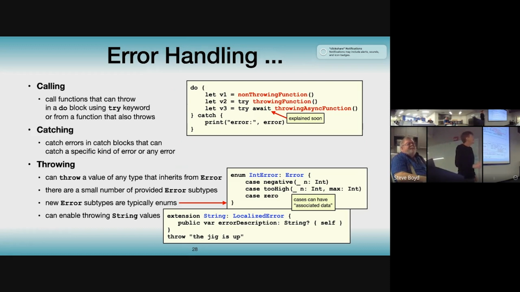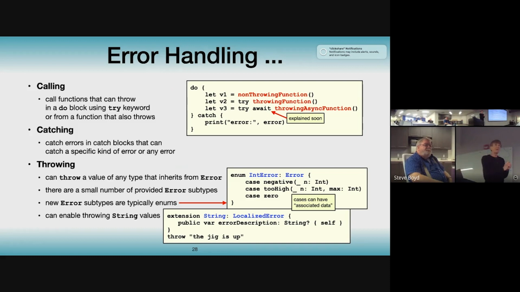Error handling. This is a bit of a departure from what you see in other languages. Instead of having a try and a catch block, you have a do and a catch block. And the reason that they're doing this is that they look at other languages and say, you got this try, and you got a bunch of functions called inside it. How do I know which of those might throw? I have no idea.